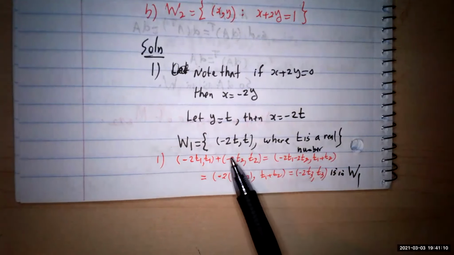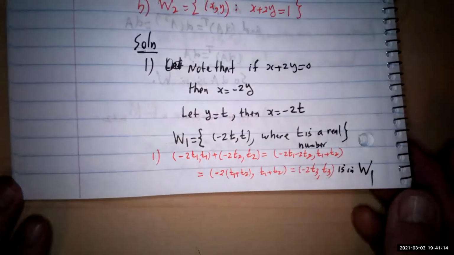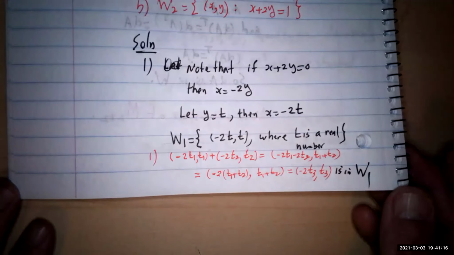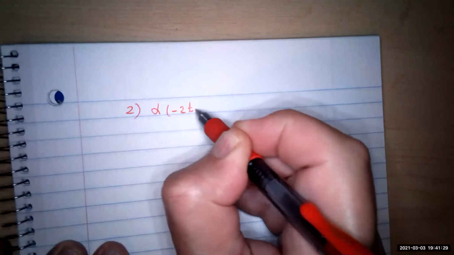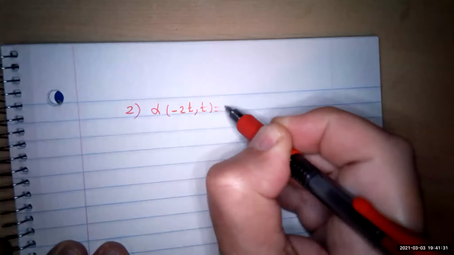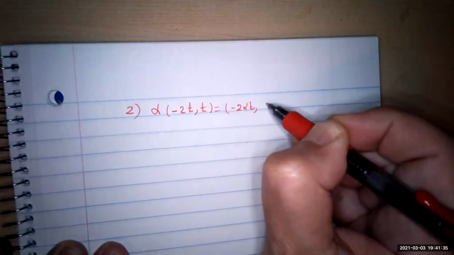The second condition, if you multiply by a scalar, that would be easy. So I'm going to show that one too. The second condition to have a subspace: if you multiply alpha times a member of your set, (negative 2t, t), it's going to be (negative 2 alpha t, alpha t).